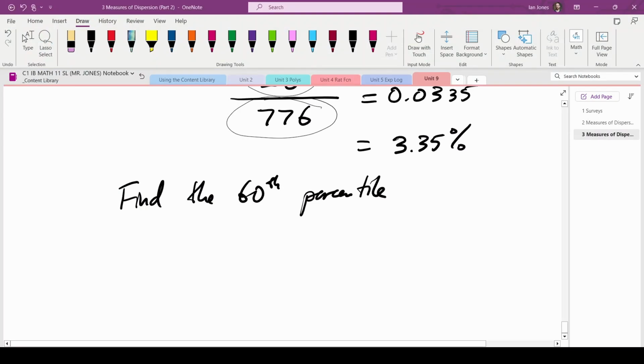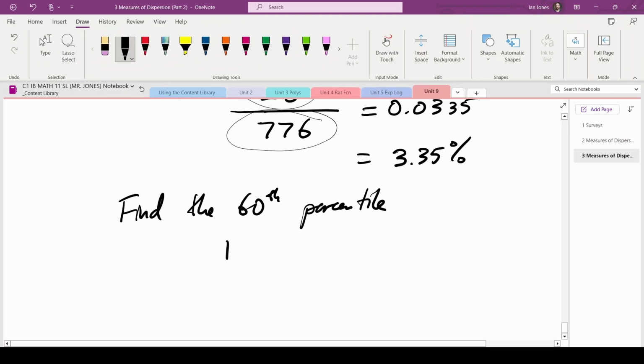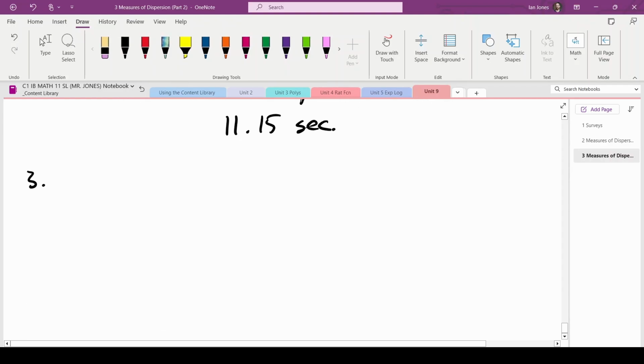So the 60th percentile occurs at a time of 11.15 seconds. Okay. Number 3. A data set has a mean of 25 and a standard deviation of 4.